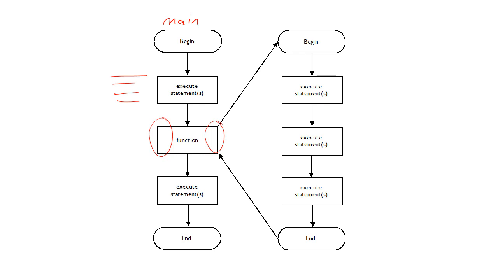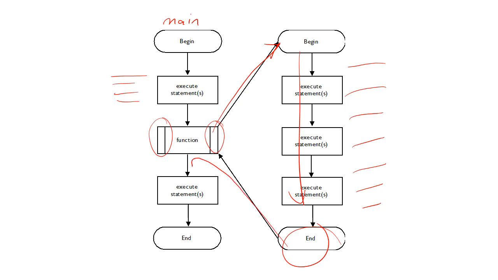When we call this function, we actually jump to a different branch in the flowchart. So we'll jump to this branch, and then we'll go through this function here, executing all the lines of code in that function. When we get to the end of the function, we'll then jump back and carry on executing code in the main function.